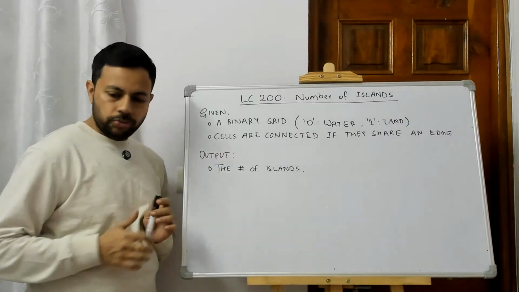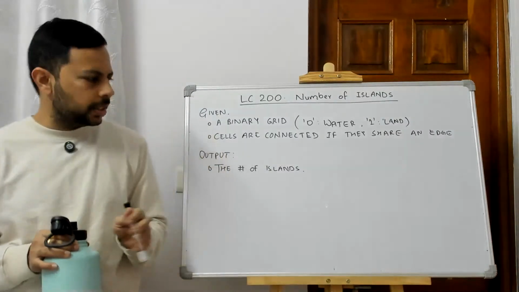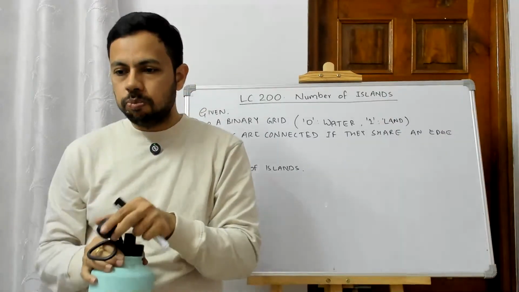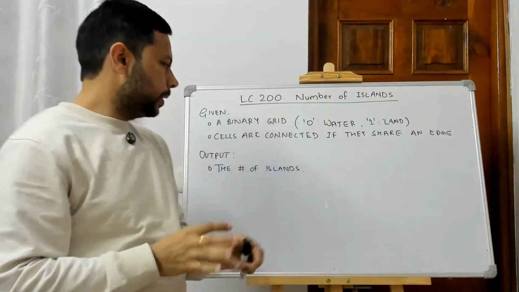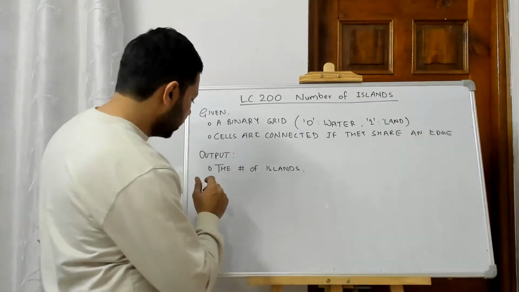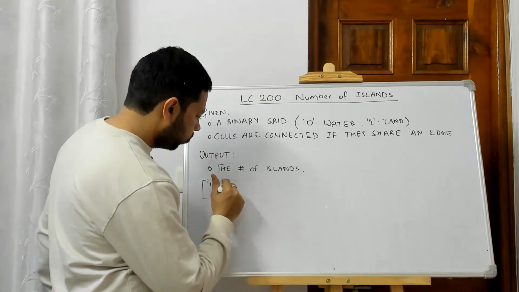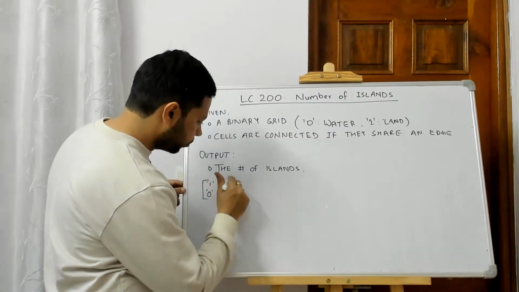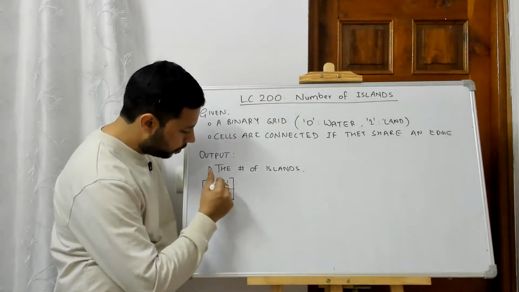What you need to do is recognize that implicit in this grid is a graph. Let me draw a small grid and explain what I mean when I say that the grid is actually a graph. So if I have 1, 0, and 1, these are 4 cells.